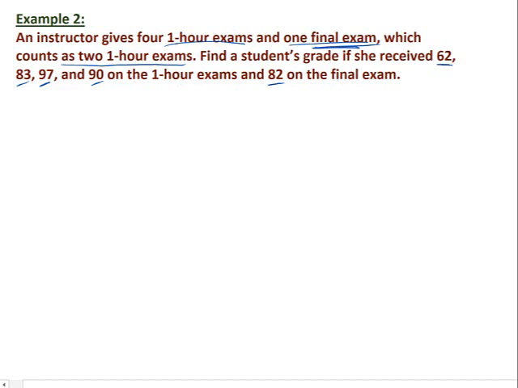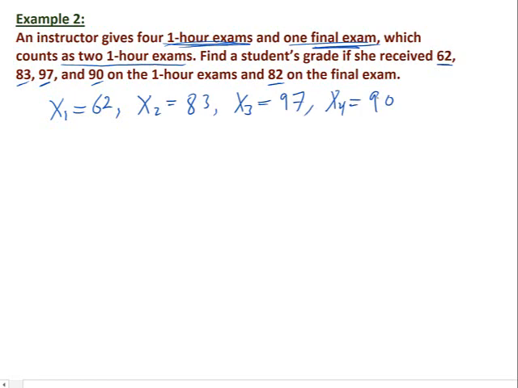So we have 4 major exams, each a 1 hour exam. x1 equals 62, x2 equals 83, x3 equals 97, x4 equals 90, and in the final exam x5 equals 82.